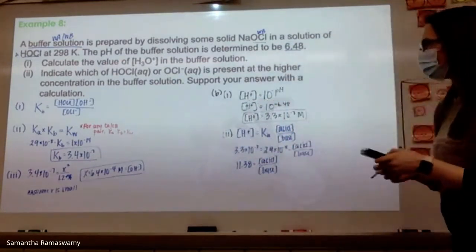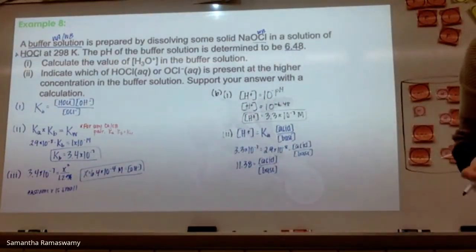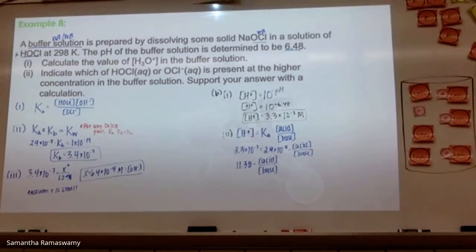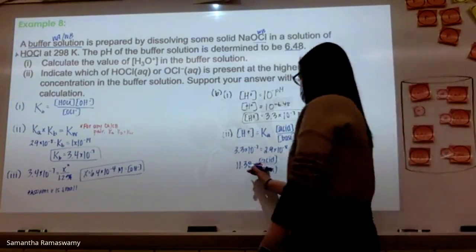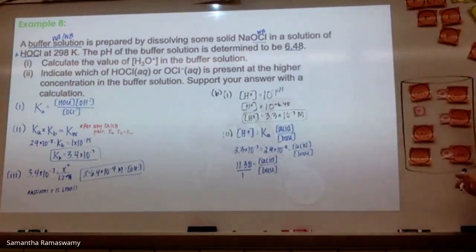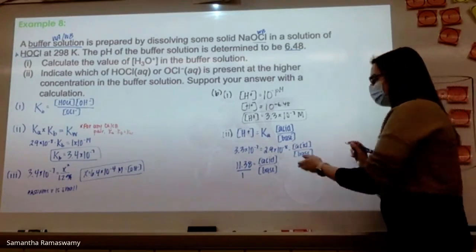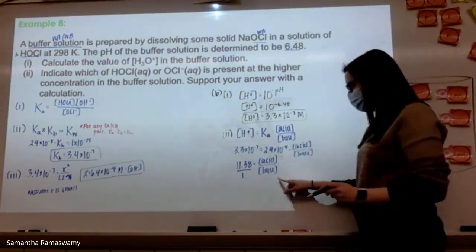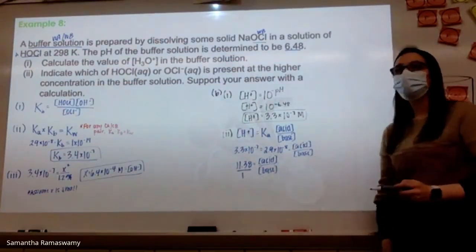Now you might look at this and wonder what it means. Let's think about what this is. I'm going to make this look like the other side. 11.38 is the same as 11.38 over 1. Well, now it looks like the proportion on the other side. Acid to base is 11.38 to 1. So that means if I had 1 mole of base, I would have 11.38 moles of acid.